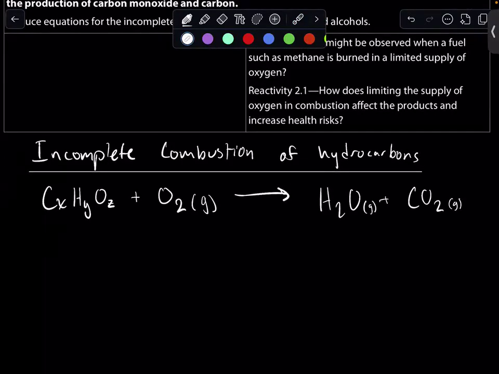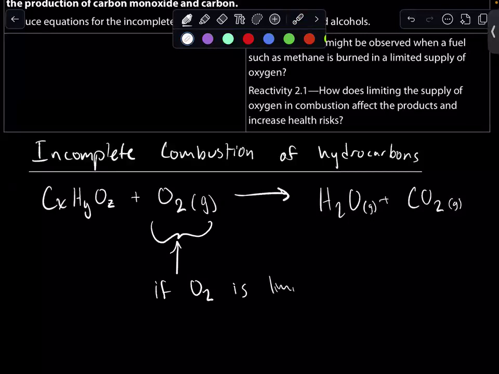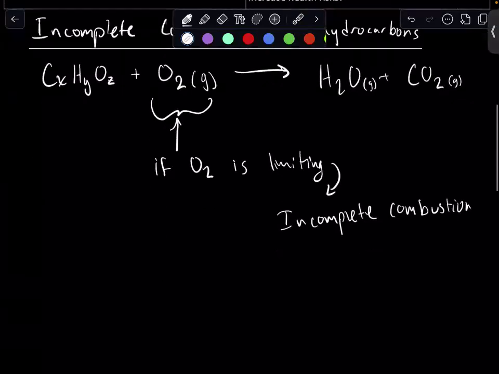However, sometimes oxygen is limiting. So if O2 is limiting, then we get incomplete combustion. Now, that can be for a few reasons.